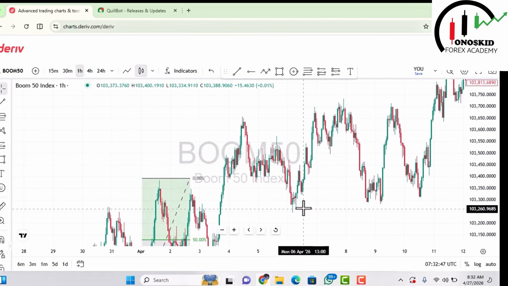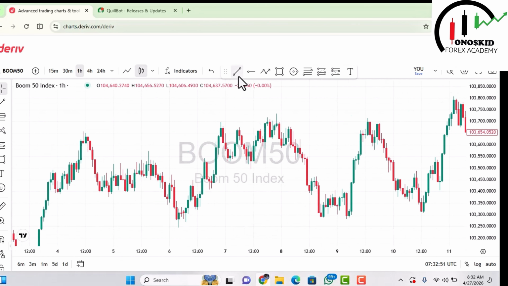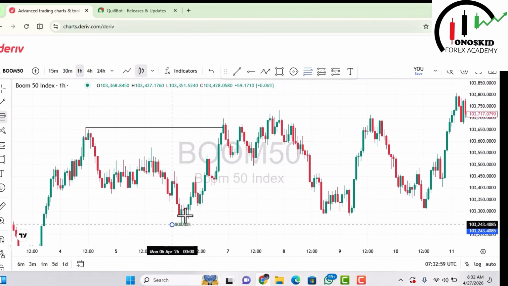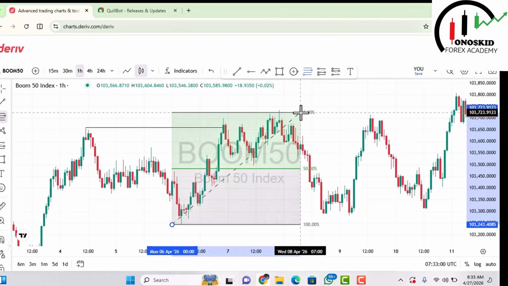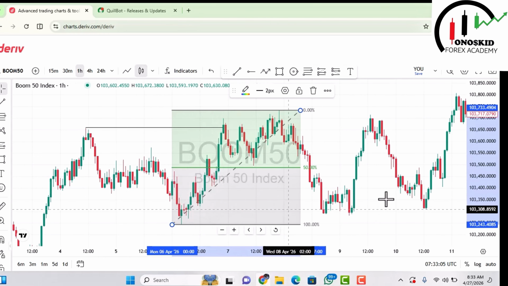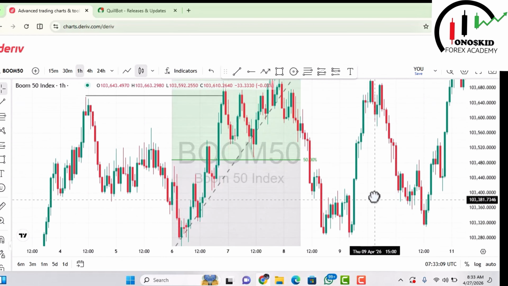Now here is another place where these things are playing out. If you look at this, we have a break of structure here. Okay, and we have between this low and this high right here. Now everything here is below the 50% fib retracement level.